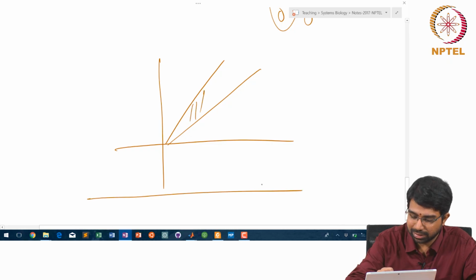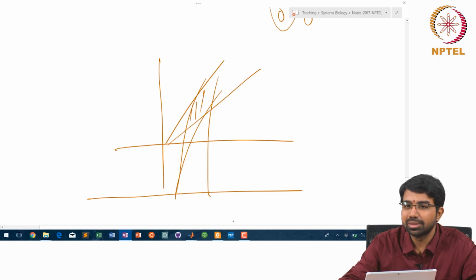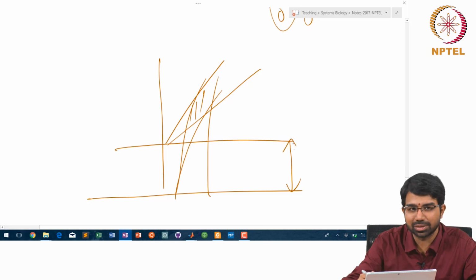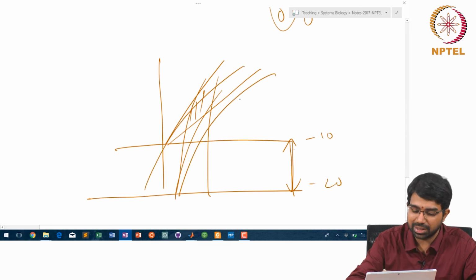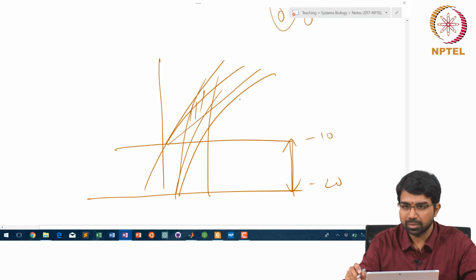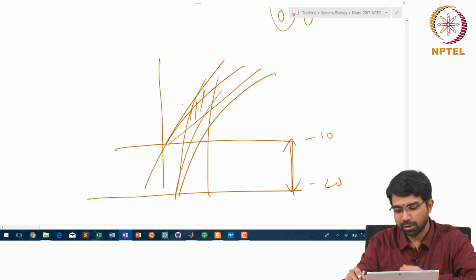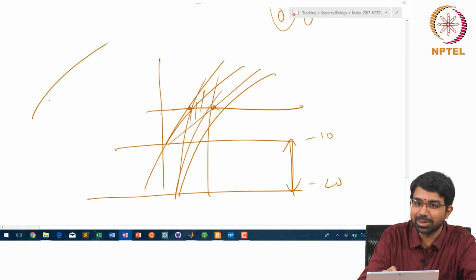Instead of exploring in this area, you are now saying explore in this entire area, because you lowered one flux. LB went from minus 10 to minus 20, so you opened up a larger area for exploration. But if you make it tighter, decreasing the magnitude of the lower bound, you get new corner points, which may be optima.